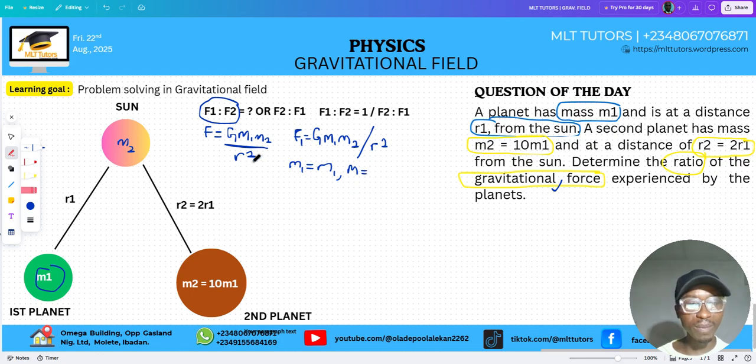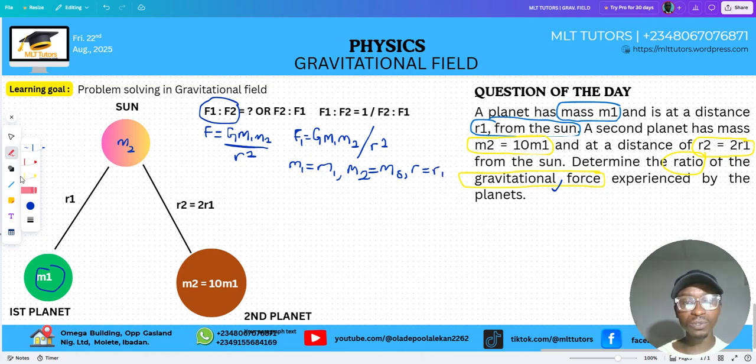And let's represent the mass of the sun by ms. Okay, that's good. The distance, which is r, between the sun and the first planet is r1. So that means that r equals r1.